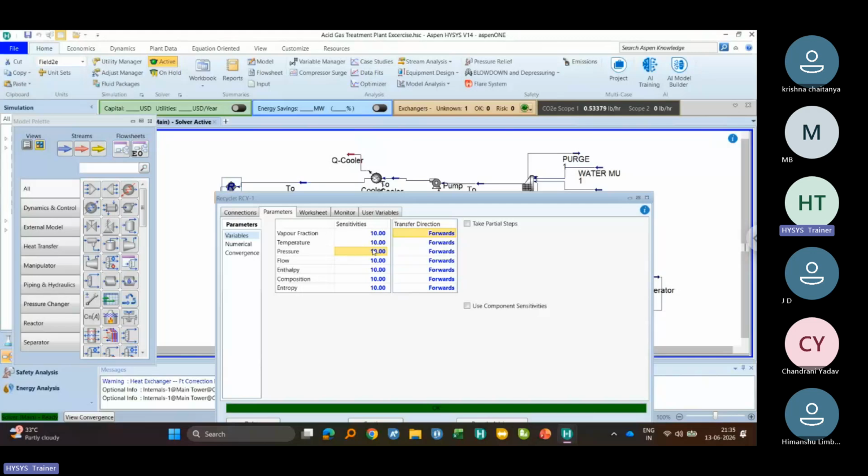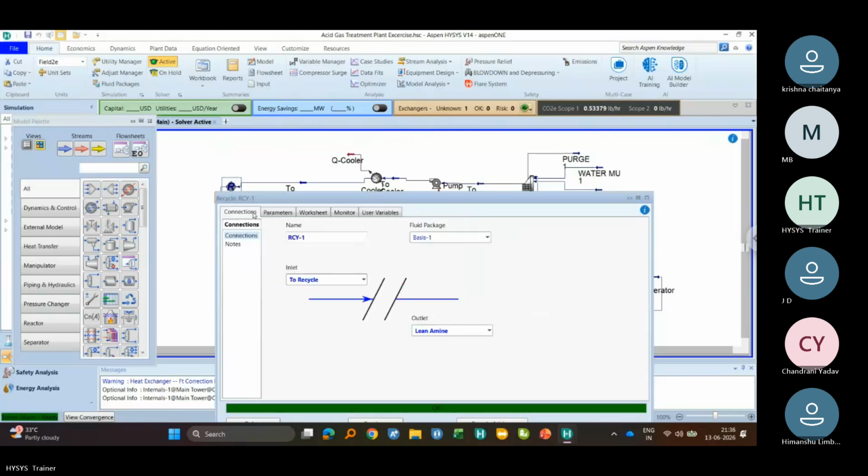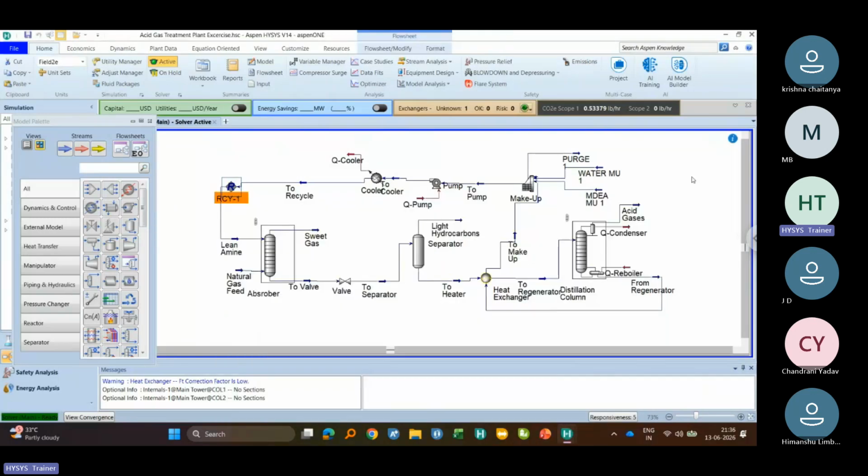Just keep in mind these two things as of now. You will get more understanding of these two things when we solve an example based on this. It will be there in the next or next-to-next flow sheet. So this is about this acid gas treatment plant.